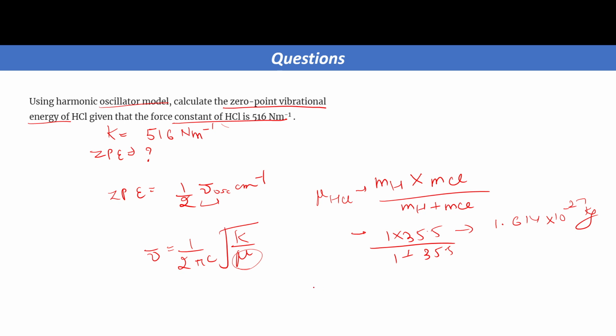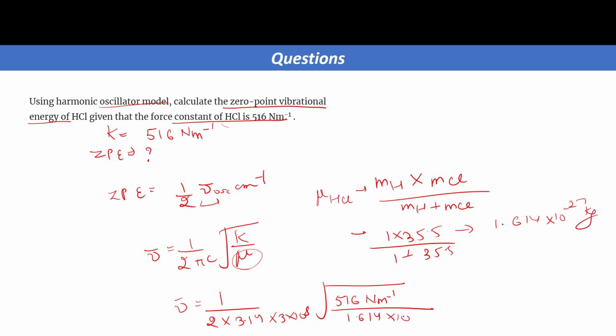And then we just substitute this value. So it will be 1 over 2 into 3.14 into 3 into 10 raised to power 8, √ of the k value we put as 516 divided by the μ value 1.614 into 10 to the minus 27 kg. So it will be 2.97 into 10 raised to power 5 centimeter inverse.